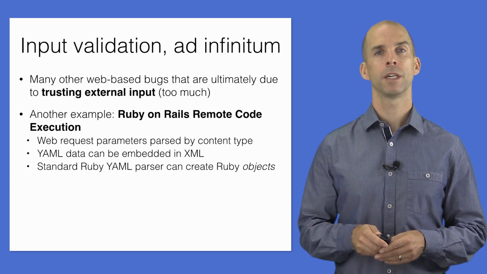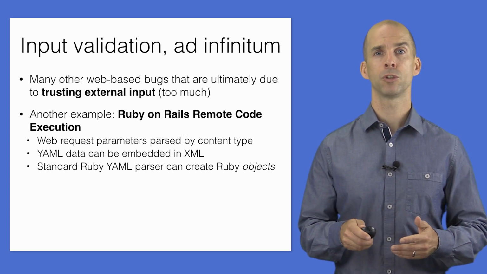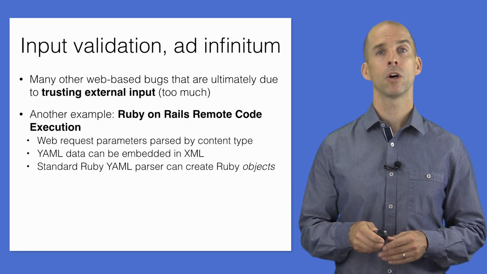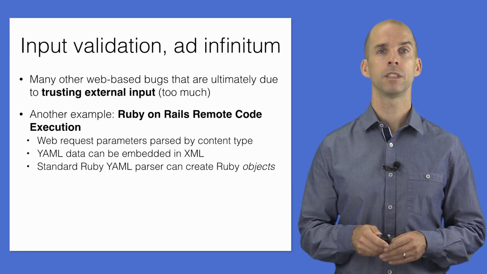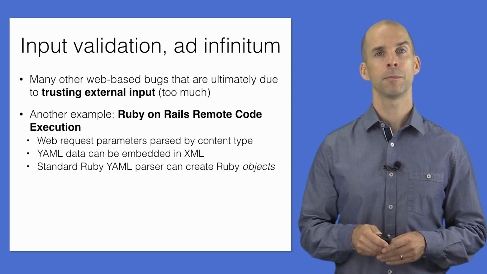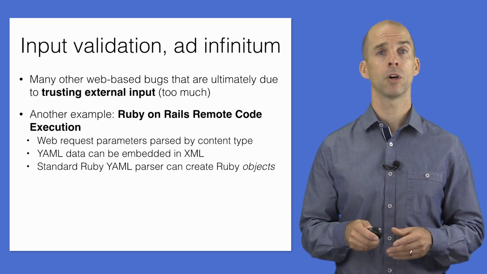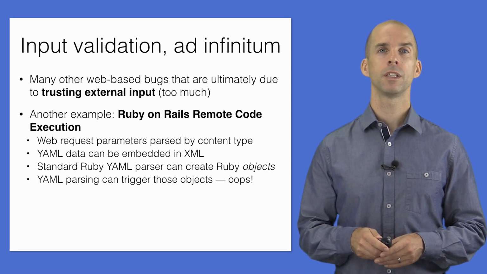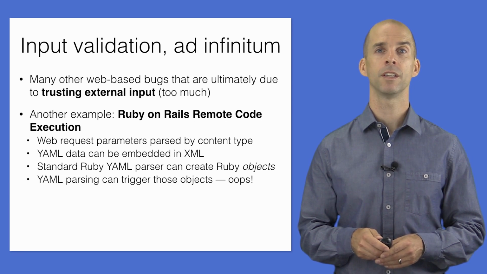When those Ruby objects represent integers or strings or enumerated types, then web app behavior proceeds as we might hope. However, YAML can encode any object, which it does by embedding Ruby code. Since the default YAML decoder can be used to decode arbitrary objects, it can thus decode arbitrary Ruby code. With a little work, the decoder can be made to invoke the code of the objects it has just decoded.